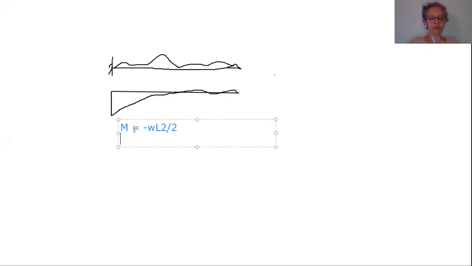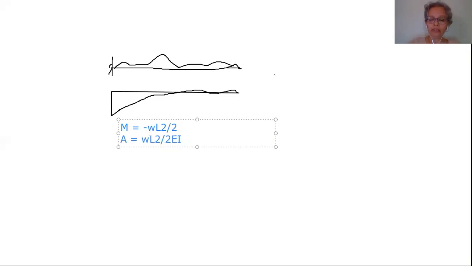So for the conjugate beam method, I have to find out the area of the M over EI diagram. So M over EI at the left end is minus WL square by 2, and I also have to add EI over there. So this is one part.